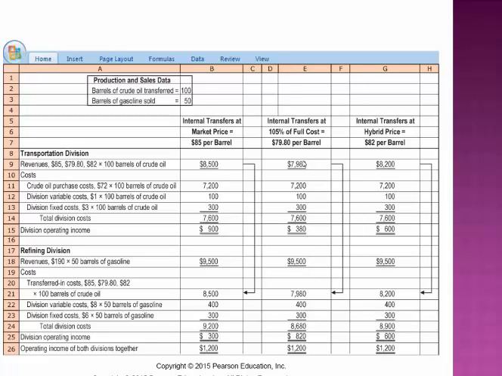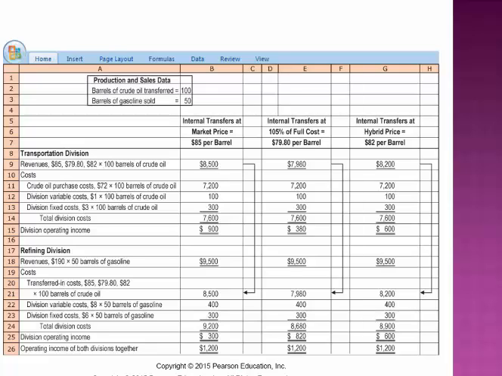That $79.80 in revenues for them is $79.80 in cost for refining. If that is the case, the division operating income for refining results in $820. $820. Way better than $300. But $380 here is not near as good as $900.